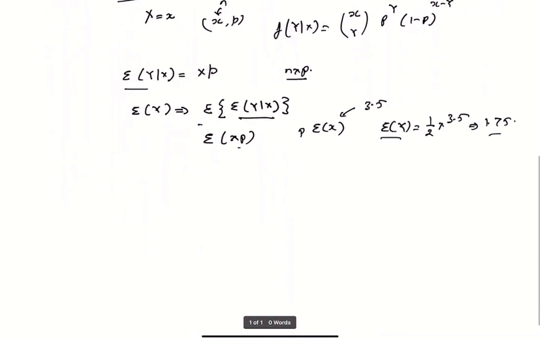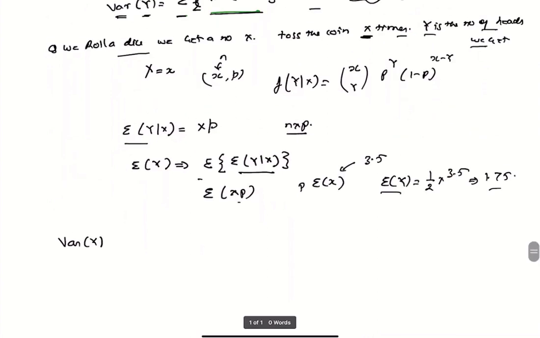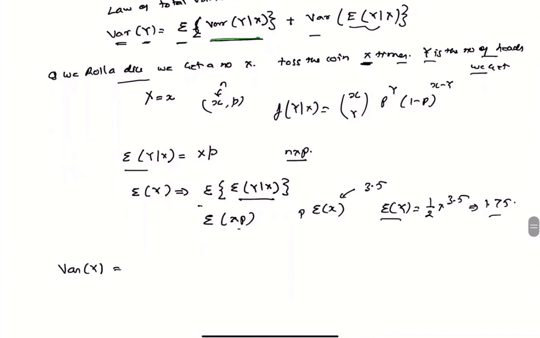But what if we now ask what is the variance of y? Now we have to go into this formula, which is the expected value of the variance of y given x, plus the variance of the expected value of y given x.